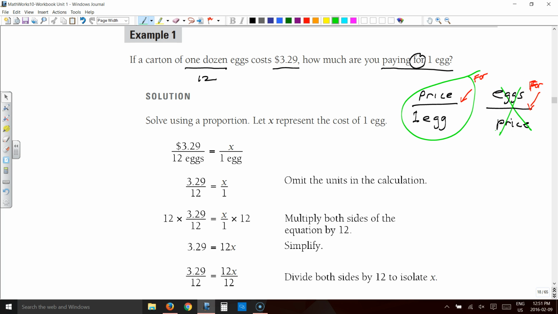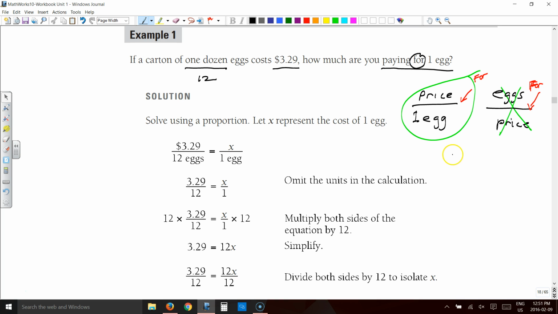And the reason that's important is that helps us to determine how we're going to set up the entire proportion with the price on top and the number of eggs on the bottom. That's the difference in these types of questions with unit price versus the stuff that we've done in the past with proportions. So let's do this question then.